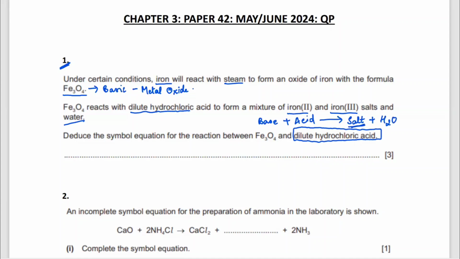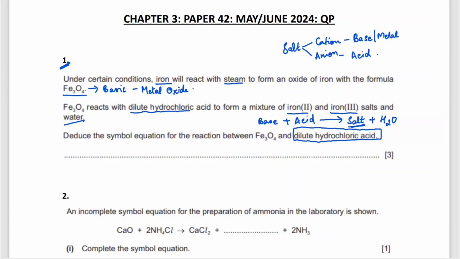Now, the salt will have two ions. One will be the cation and the other will be an anion. So for a salt, there will be a cation and an anion. And the cation will be coming from the base or the metal, and the anion will be coming from the acid.